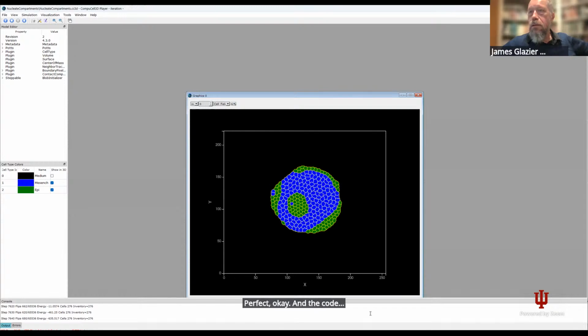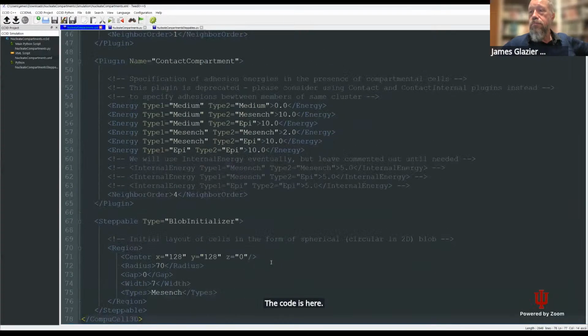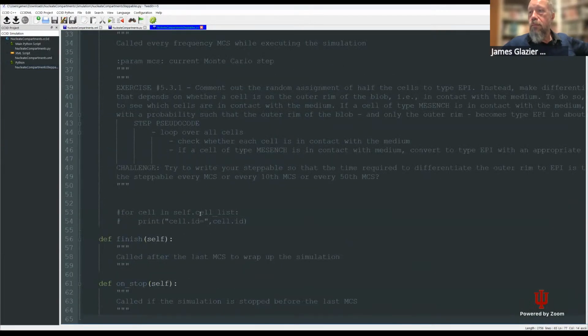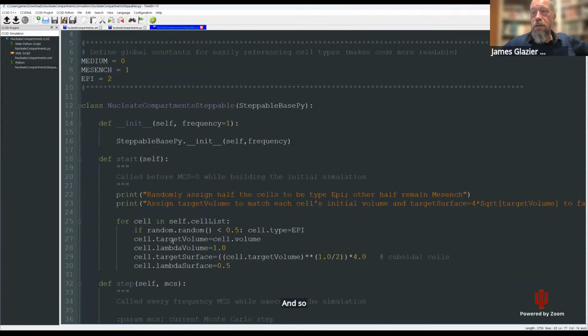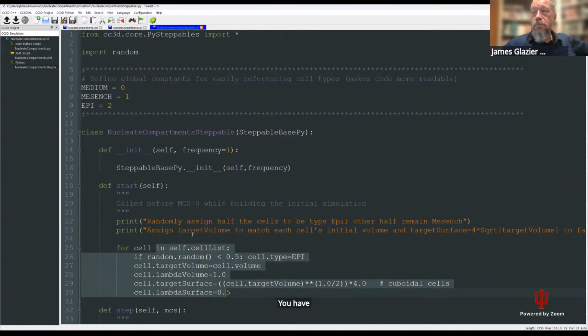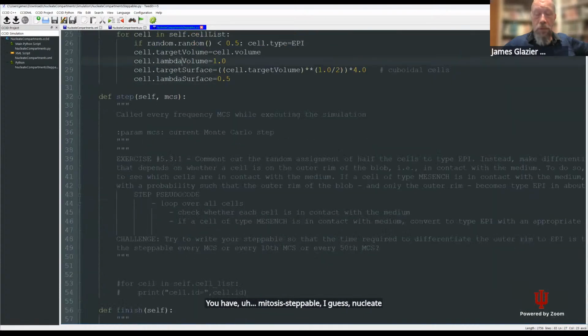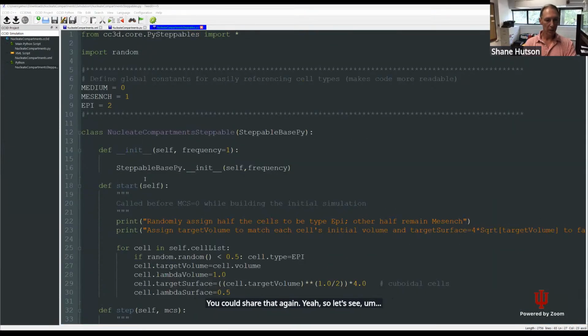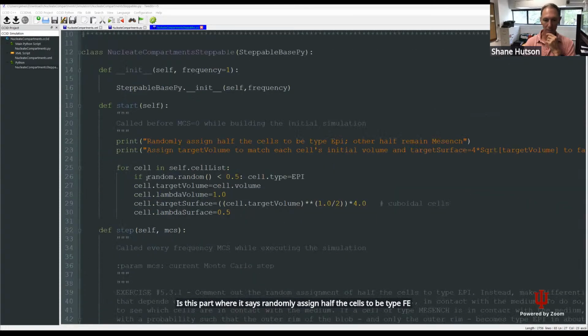Okay. And the code. Let me look at the code. The code is here. And so the only thing that's happening here is that you have mitosis steppable loaded, and nucleate compartment steppable loaded. Okay. All right. What we want to get rid of first is this part where it says randomly assign half the cells to be type epi and the other half remain type mesenchyme.